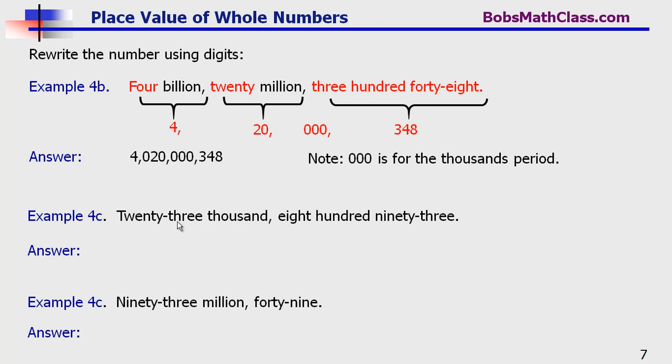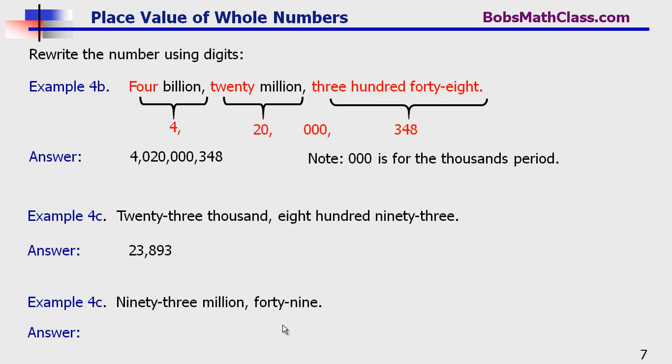Okay, here we go. 23,893. So we're going to write down the thousands place, and after the thousands is the ones period, so we're not missing any period numbers. So it's 23,893. Okay, the next one, quite interesting. After the millions, we have 93 million. What comes after the millions? Right, the thousands.